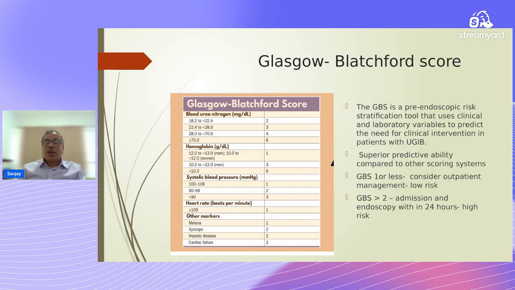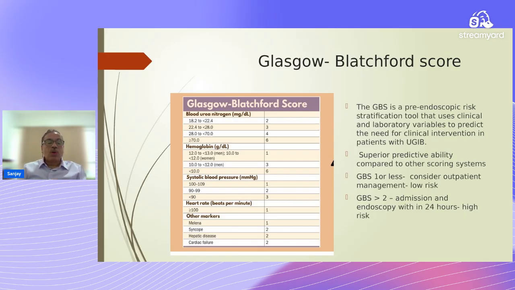Now, if the Glasgow Blatchford score is 1 or less, say 0, then the patient is at low risk of any complications of upper GI hemorrhage. It's a low risk patient, and such a patient can be managed as an outpatient case.